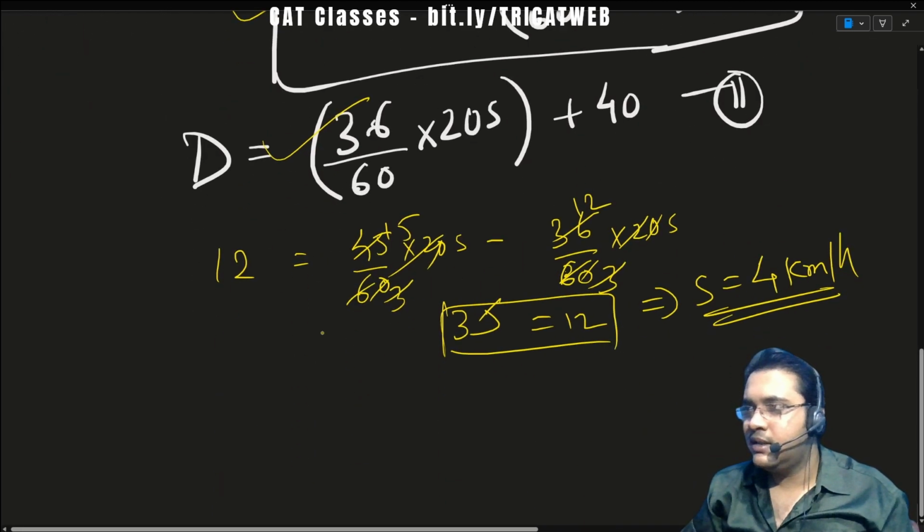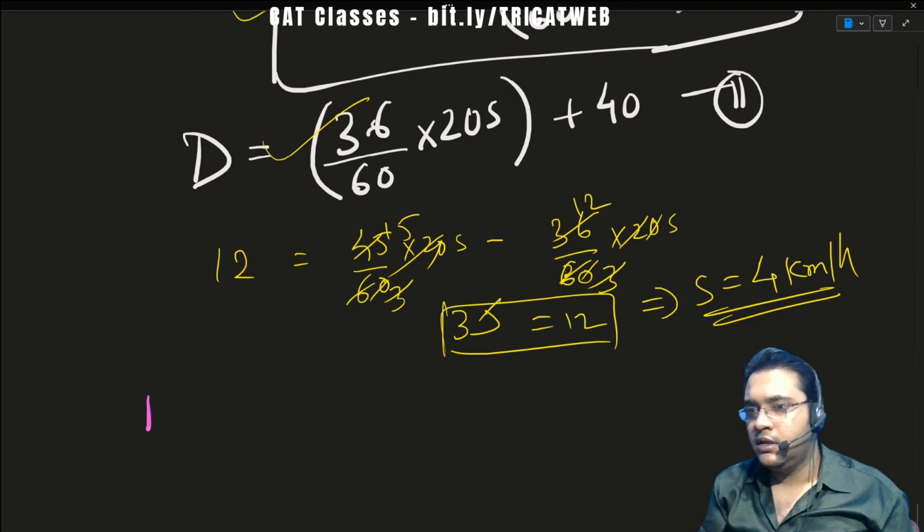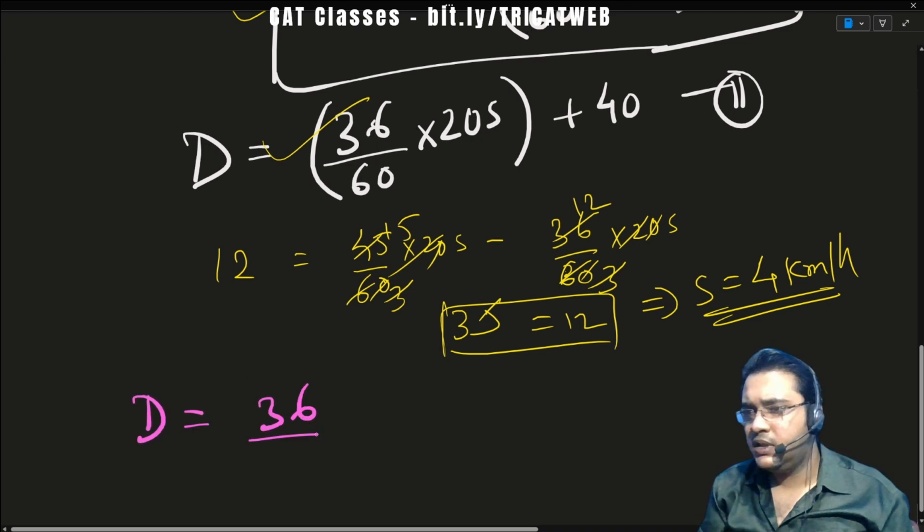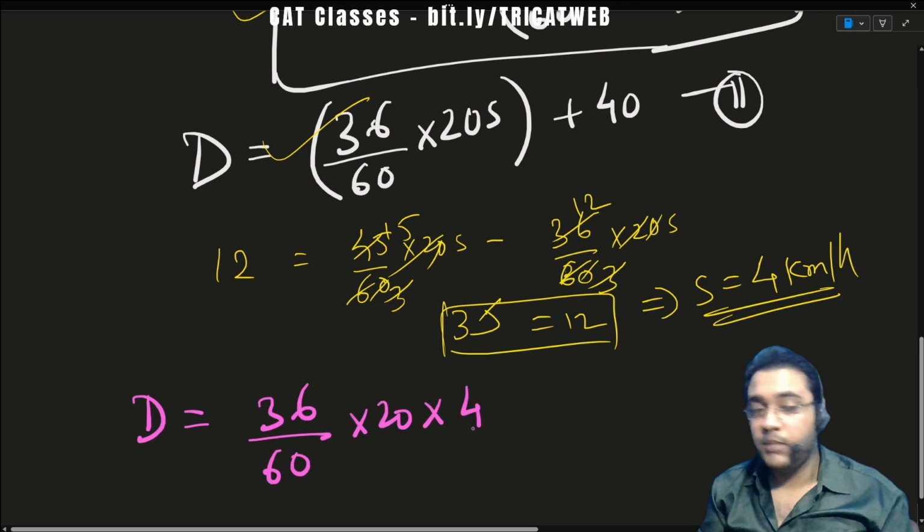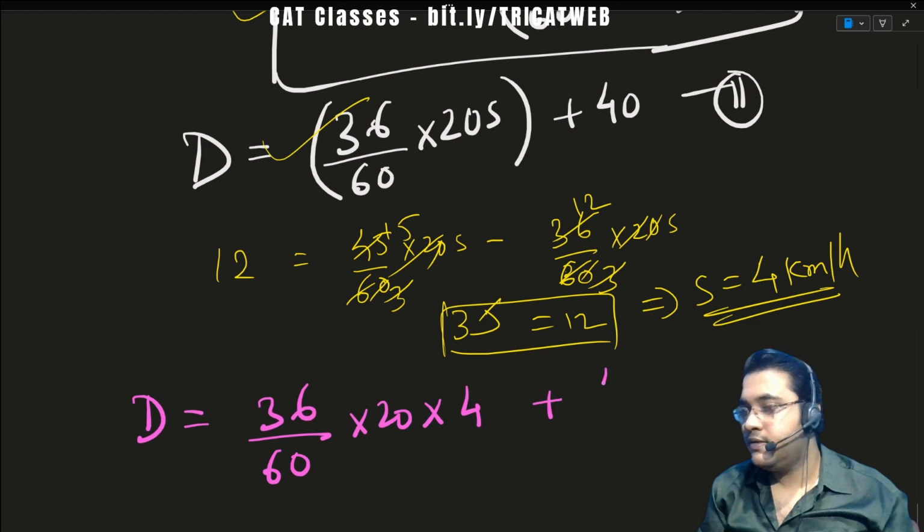So let's plug that into the next equation. Let's do it with a different color. So d will be 36 upon 60 into 20 into 4, remember s is 4, plus 40.